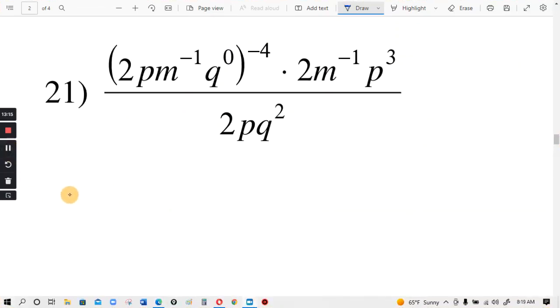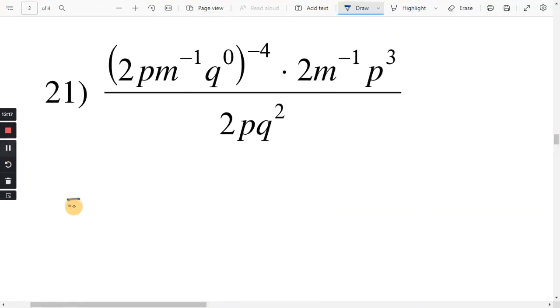All right, last one, number 21. Let's distribute the negative 4 first. Okay, we have 2 to the negative 4, and p to the negative 4.